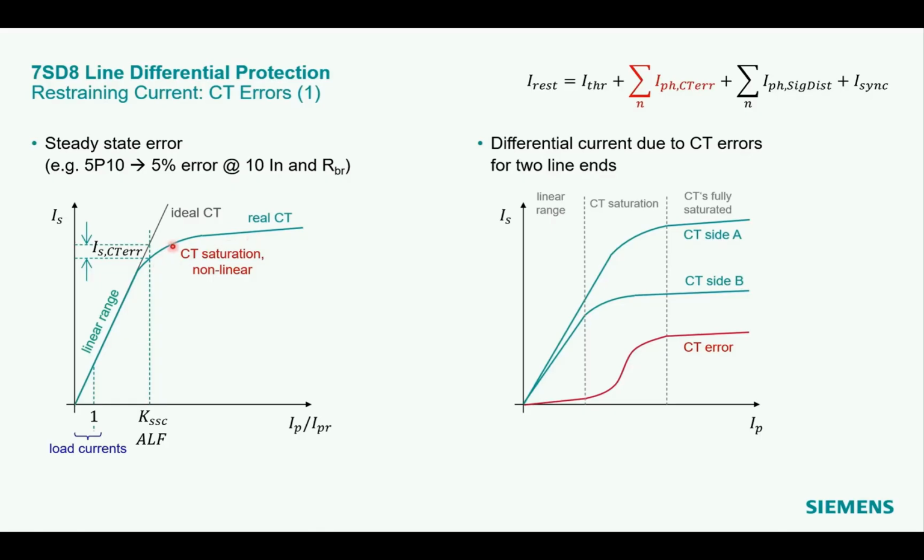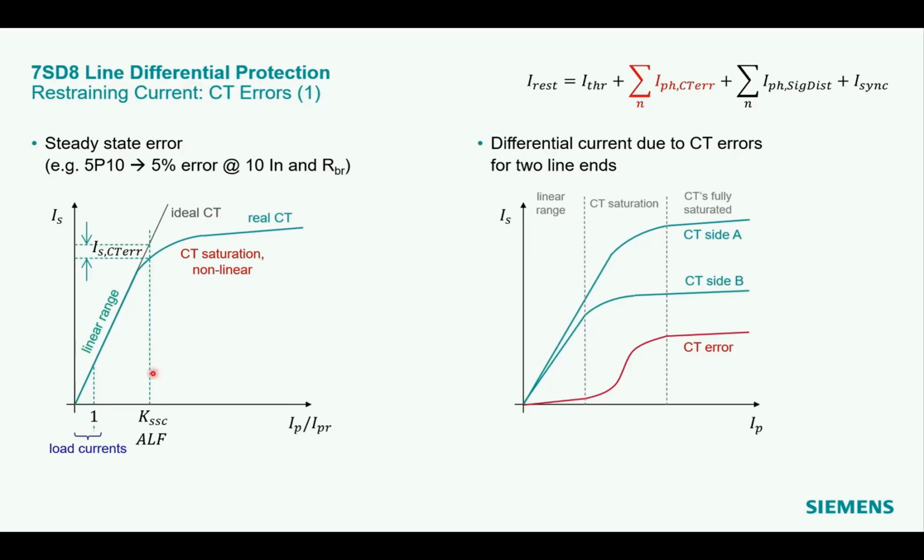The difference between the ideal CT and the real CT is a measure of the error. In the linear range, where we also find our load current, the error is very small, but increases slightly when we get closer to the currents where CT saturation starts.